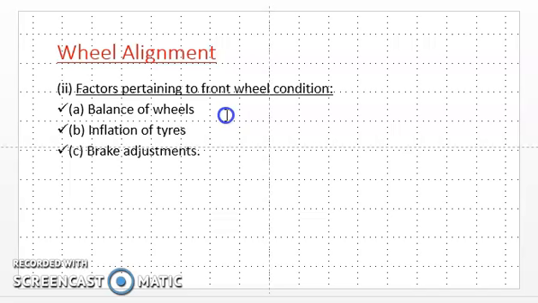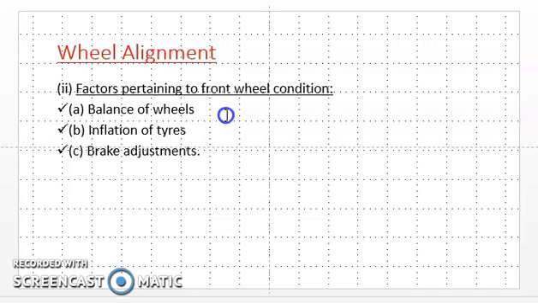You have to take care that your wheels are balanced. There should be proper air pressure in the tires, and they should not be inflated too much. You have to use the air pressure according to the manufacturer's specification, and you also have to do the brake adjustments. Then the wheel alignment is possible.